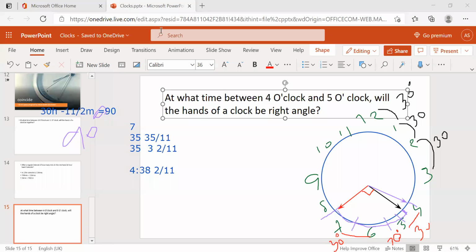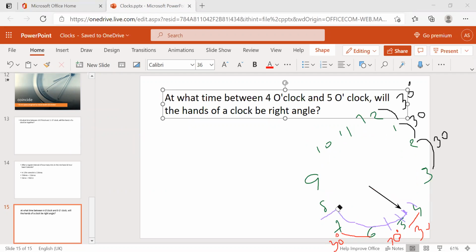Now, here I have to say one more thing. 4:35, it is showing 90 degrees, right? 90 degrees. You understand how we are going to find out these things. Now, in 4 and 5, just wait, I'll clear this.